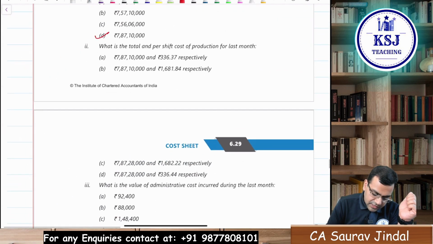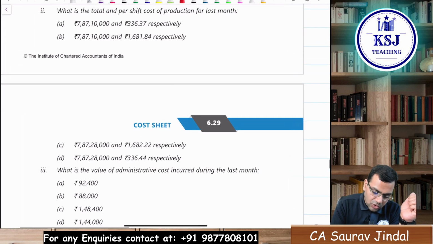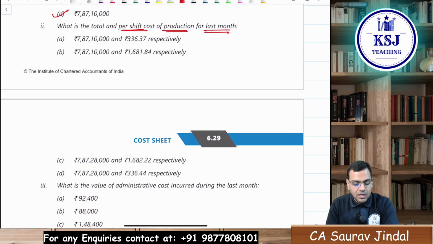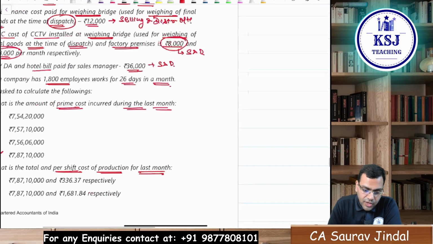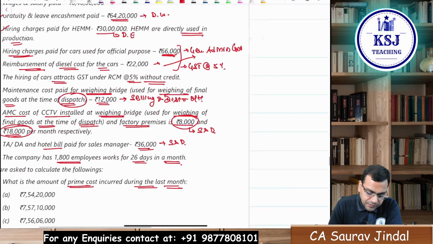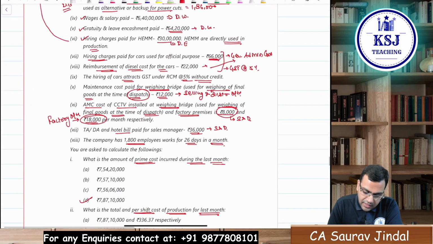Next one, what is the total and the per shift cost of production for the last month? So we have to calculate the cost of production now. Cost of production means in the prime cost, we have to add the factory overheads. So where are the factory overheads? I can see only one item of factory overheads, that is this AMC cost of the CCTV, 18,000 rupees.